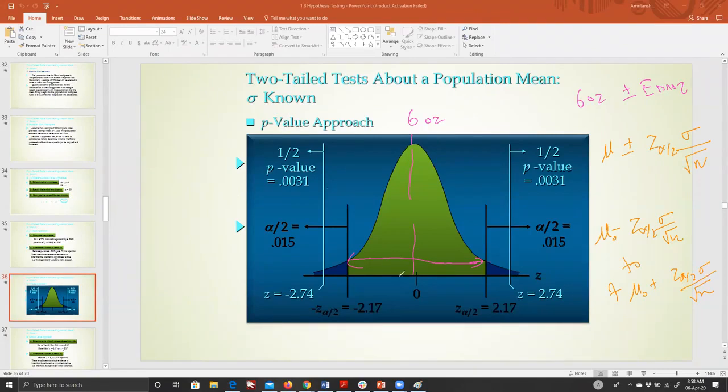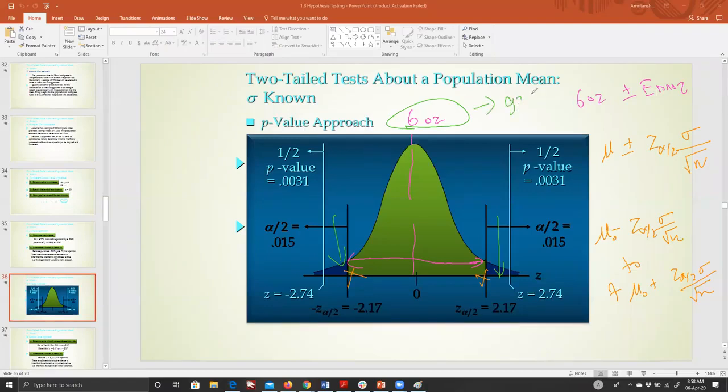So the lower range will be somewhere here and the upper range somewhere here. Now, if your test statistic falls outside of this range, then you reject H0, that somehow the mean filling weight is still 6 ounces.